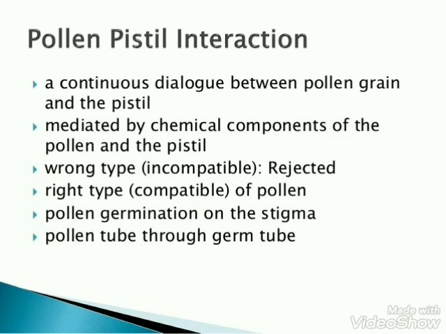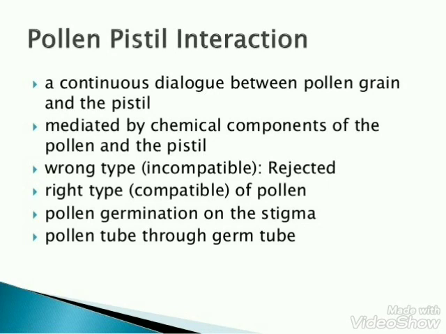Next is pollen-pistil interaction. All the events from pollen deposition on the stigma until the entry of the pollen tube into the ovule are together called pollen-pistil interaction. It is a dynamic process involving pollen recognition by the stigma for compatible pollen. Incompatible or sterile pollens are rejected by the pistil and do not allow growth of the pollen tube.